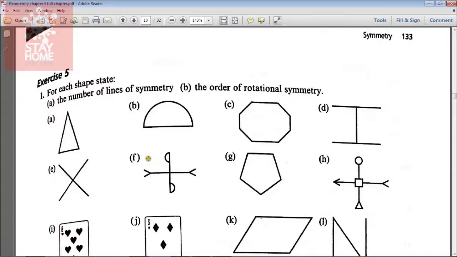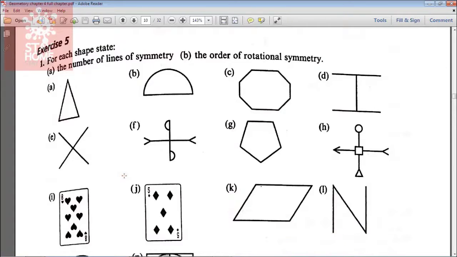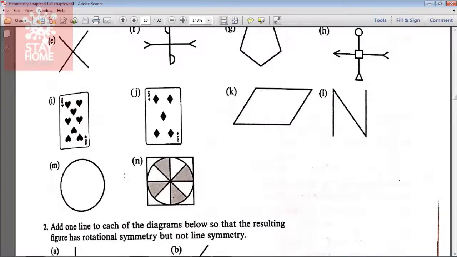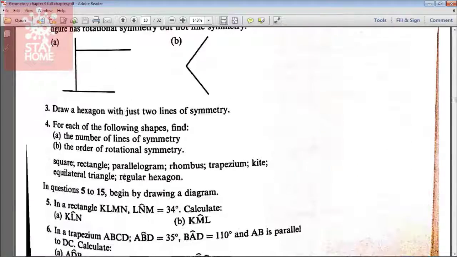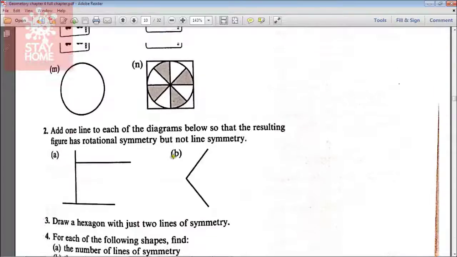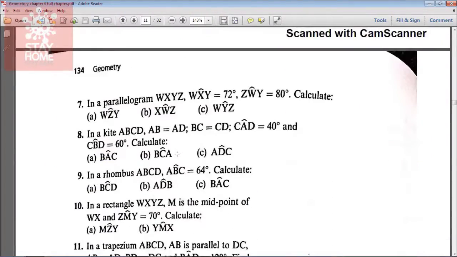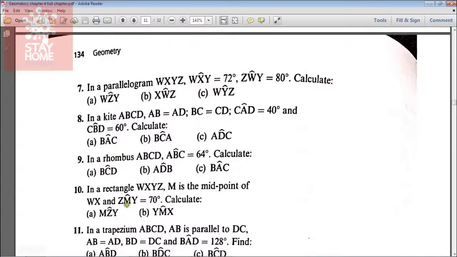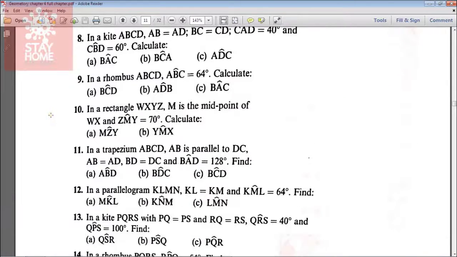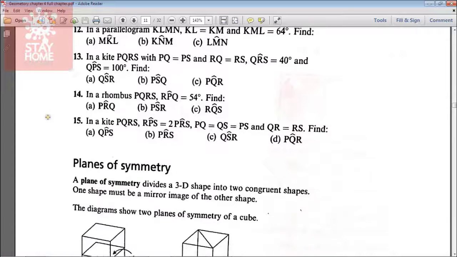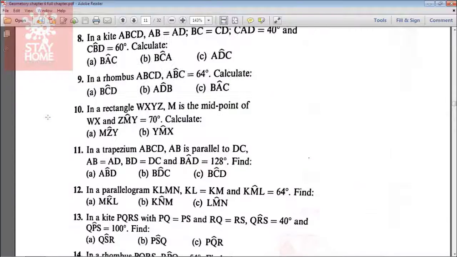We have already discussed all these kinds of shapes. You need to first draw the diagram, and then you will decide whether it is symmetrical or not symmetrical, and how many symmetrical lines there are.